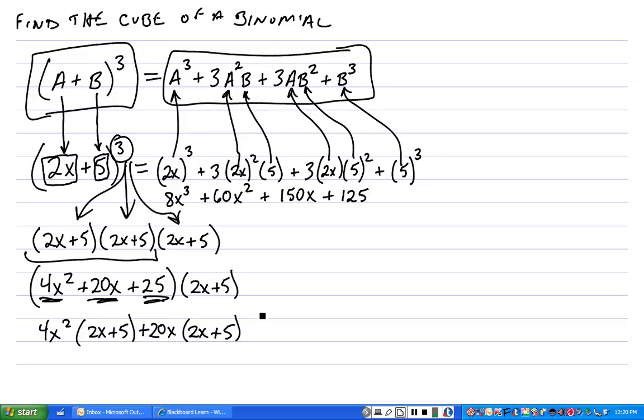Then I take 25 times (2x + 5). When I multiply those, I get 8x to the third. Multiply these, I get a positive 20x squared. Here, I get 40x squared.